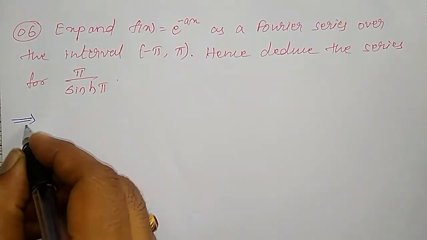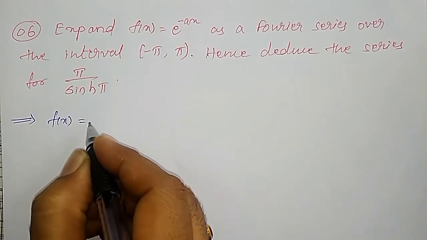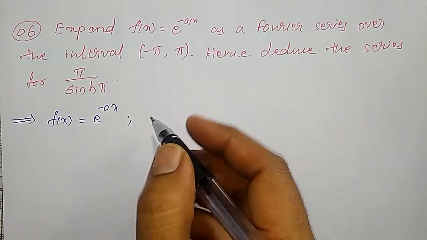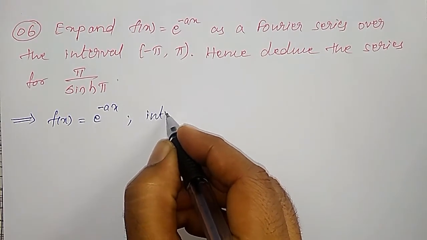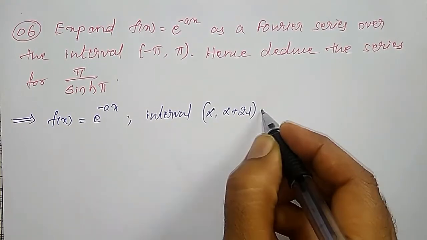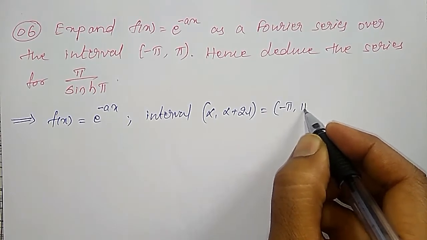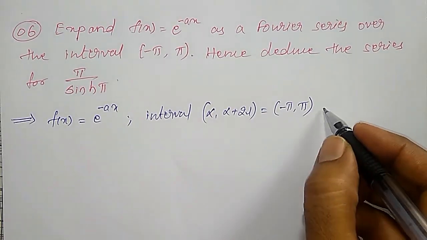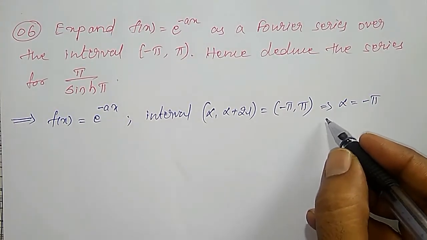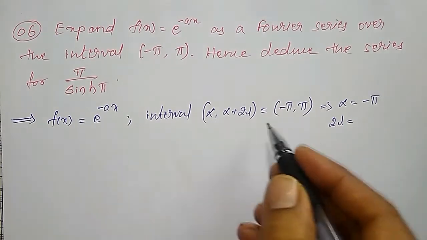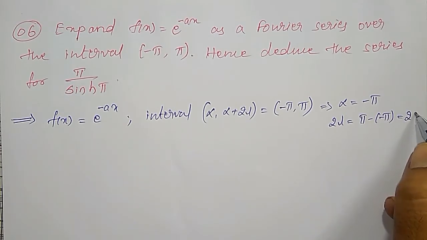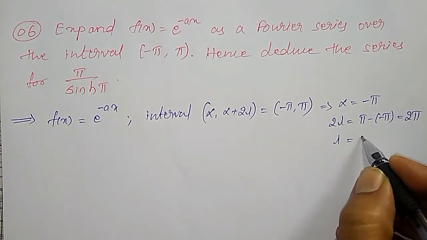First of all, the function f of x is given. f of x equal to e to the power minus ax. Then the interval alpha to alpha plus 2l is nothing but minus pi to plus pi, which implies alpha is equal to minus pi and my 2l is equal to pi minus of minus pi, which is equal to 2 pi, that is l is equal to pi.